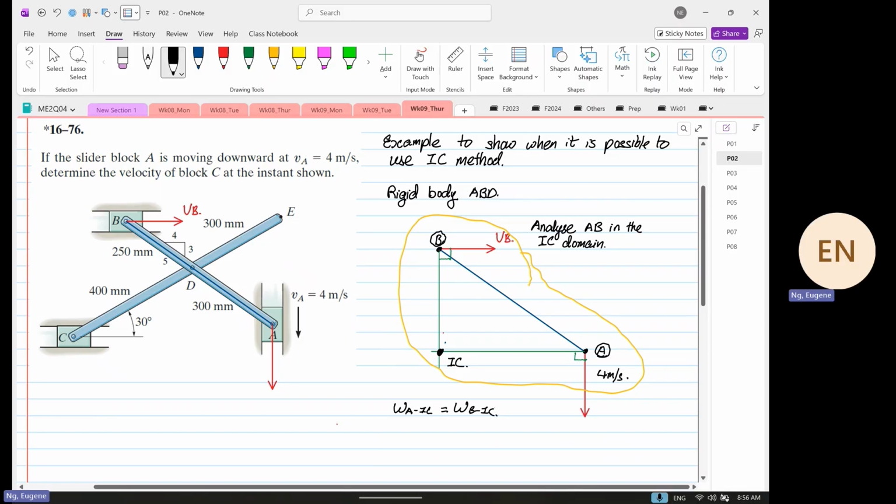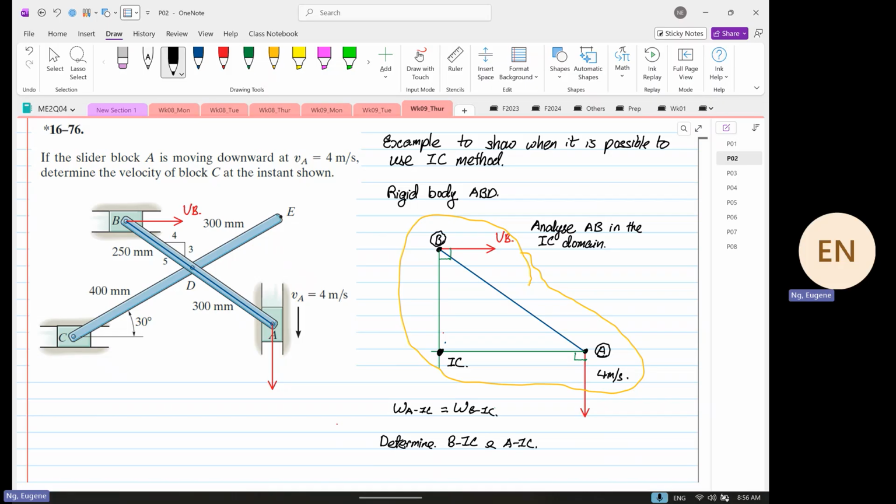So the next thing we have to do, again the same thing, is determine what is our BIC and what is our AIC.